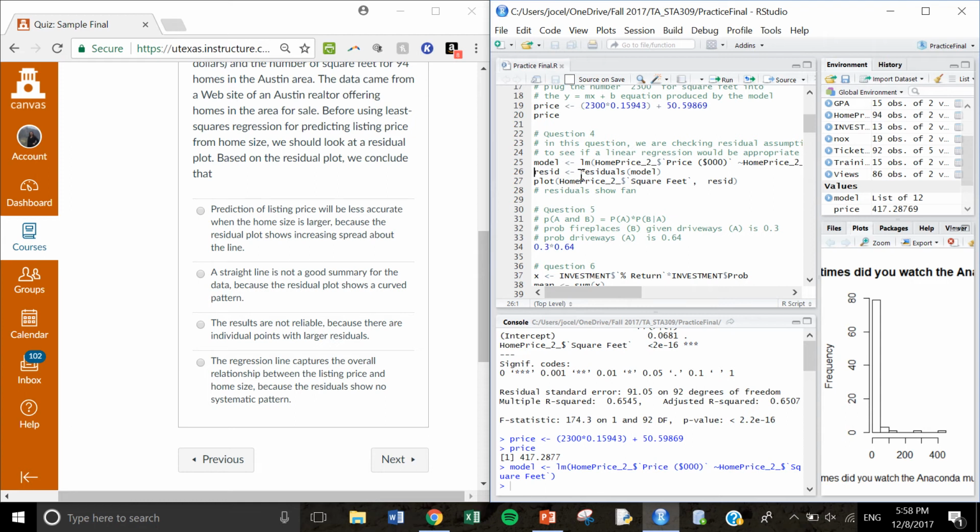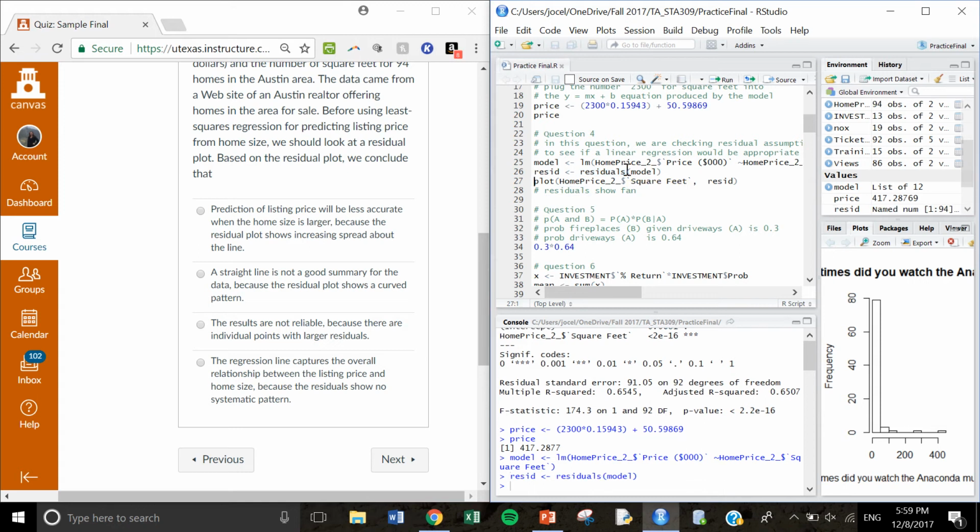Then we use the residuals function to find the residuals, which are the differences between the predicted values and the actual values. I can run this, and it made the residuals, and then I do plot, and I put my x variable, which is square feet, comma residuals. So plot x comma y.